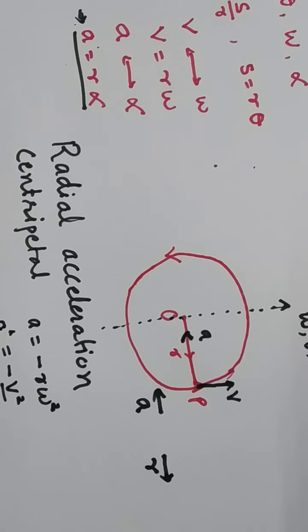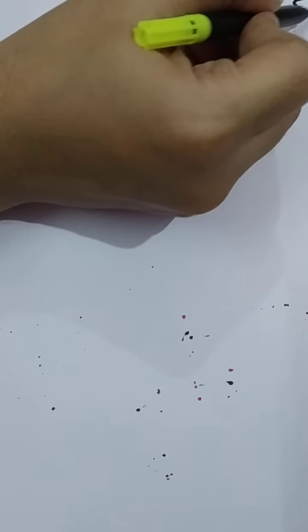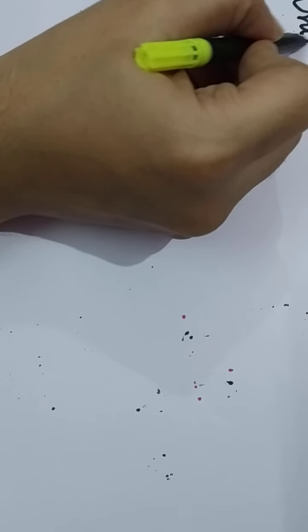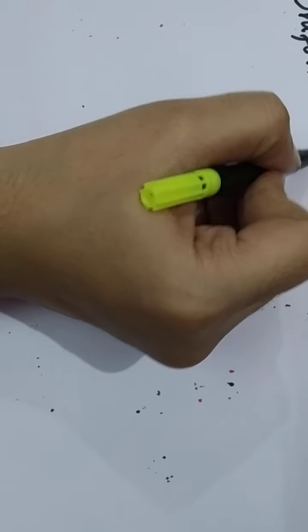Now let us consider another concept in circular motion, which is uniform circular motion. First and foremost, what is meant by uniform circular motion?